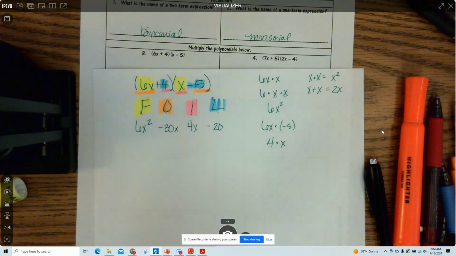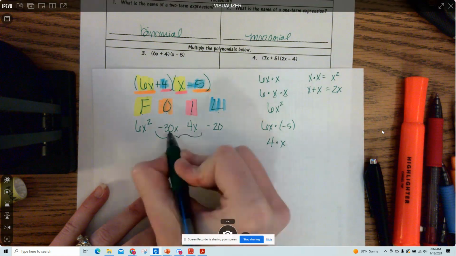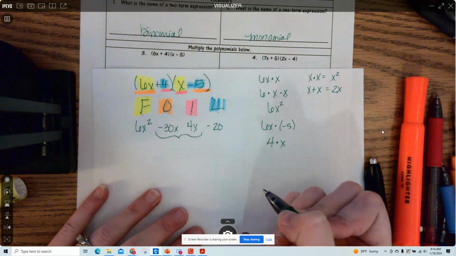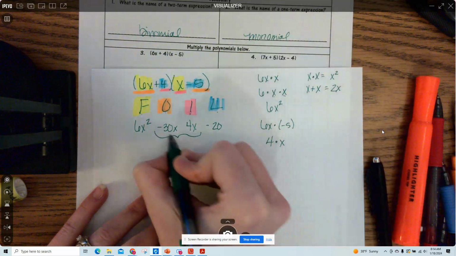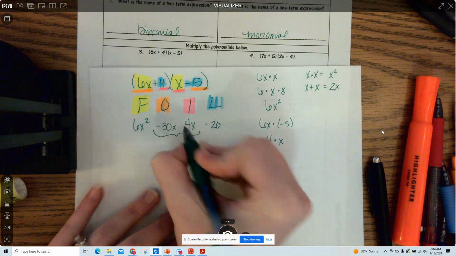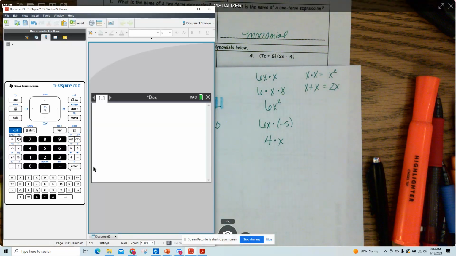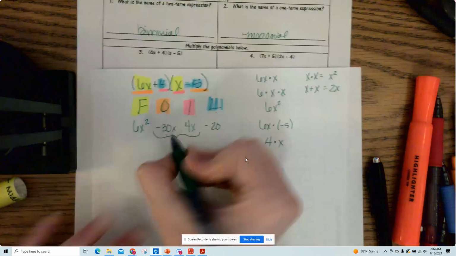Remember, algebra is writing as few symbols as possible. So if we have any like terms, we have an x and an x, we need to combine them. Okay, so negative 30x plus 4x, I just take the coefficients, negative 30 and positive 4, and I just add them together. So negative 30 plus 4 is a negative 26.